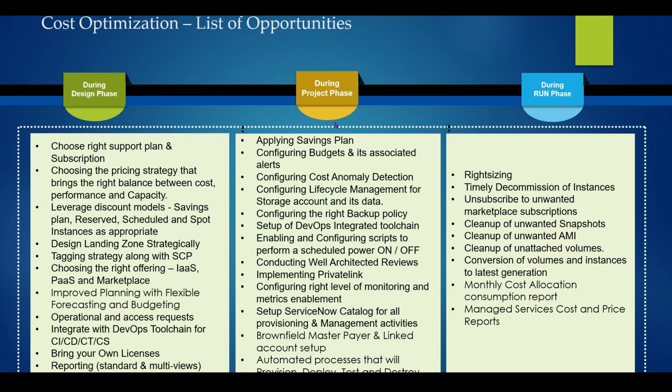When you are choosing the right support plan, subscription model, purchasing model, and discount model, and setting up the environment aligned to the business requirements, you should not create resources in multiple regions or multiple availability zones when the availability requirement is only 99%, right?